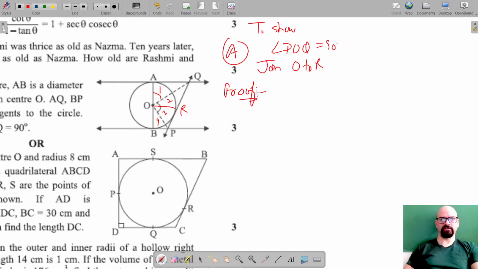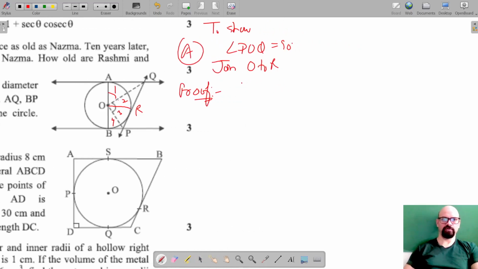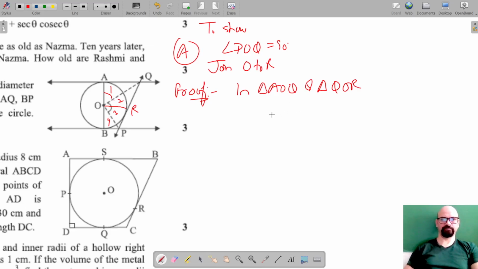Okay. Now let's consider these triangles AOQ. So in triangle AOQ and triangle QOR, OA is equal to OR, these being the radii of the same circle.